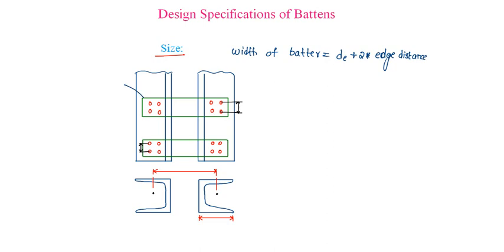This is an intermediate batten, whereas this is an end batten, which can also be called a tie plate.